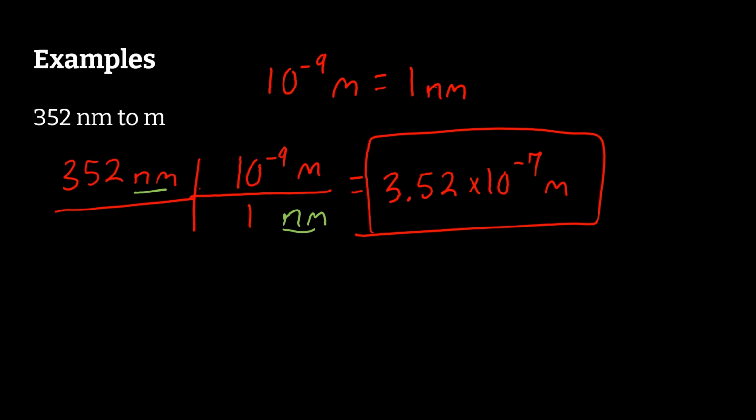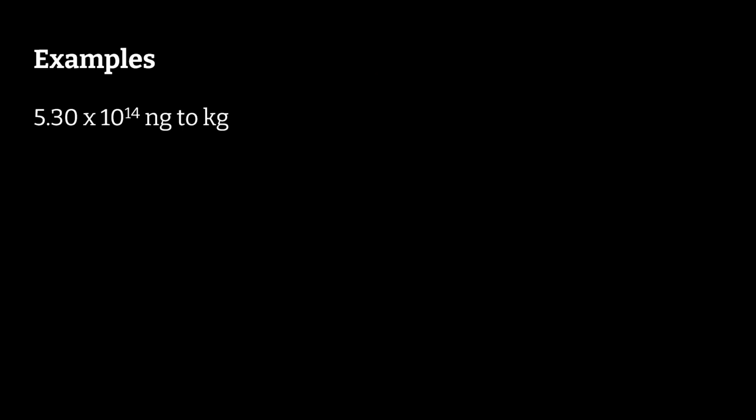Let's take a look at our next example. So we have 5.30 times 10 to the 14th nanograms, and we want to convert it to our kilograms. So we have our 5.30 times 10 to the 14th nanograms.